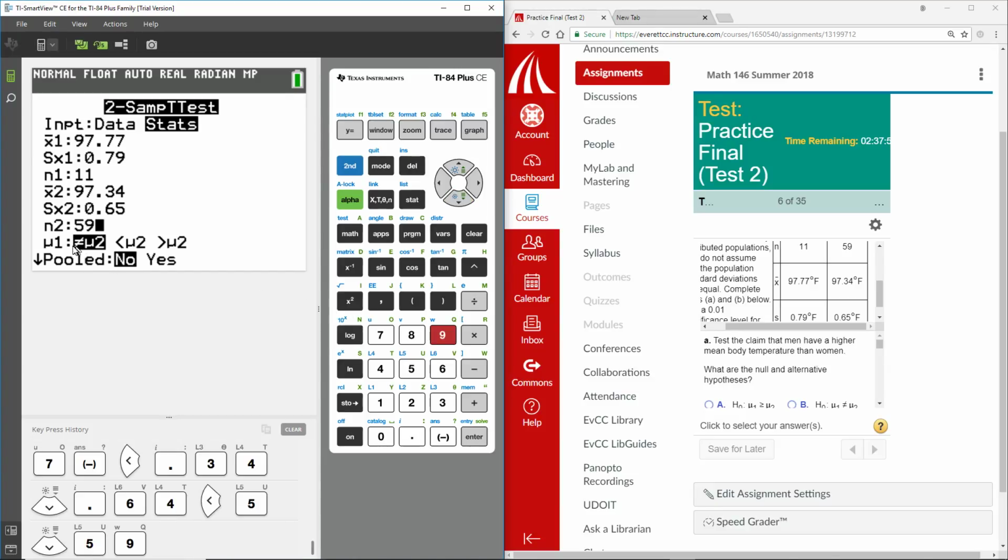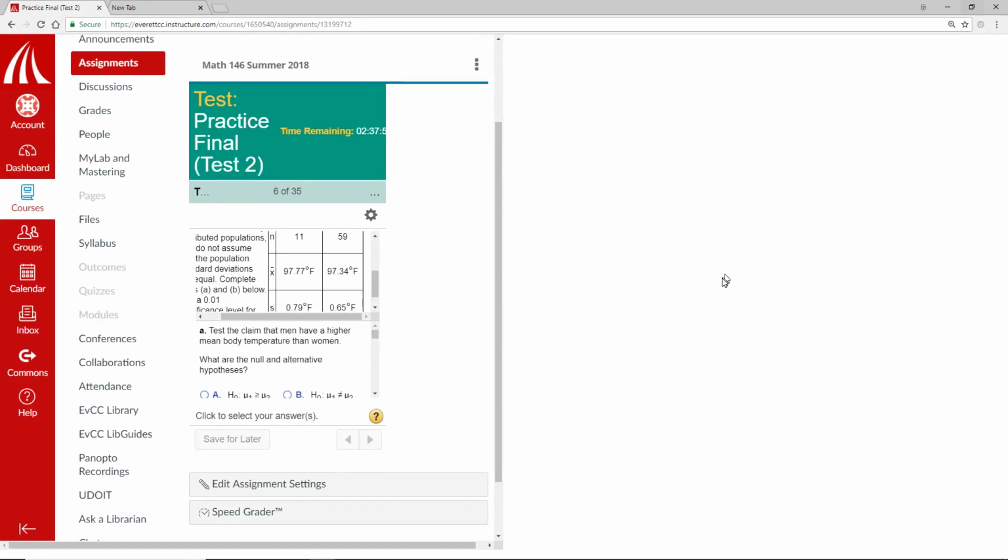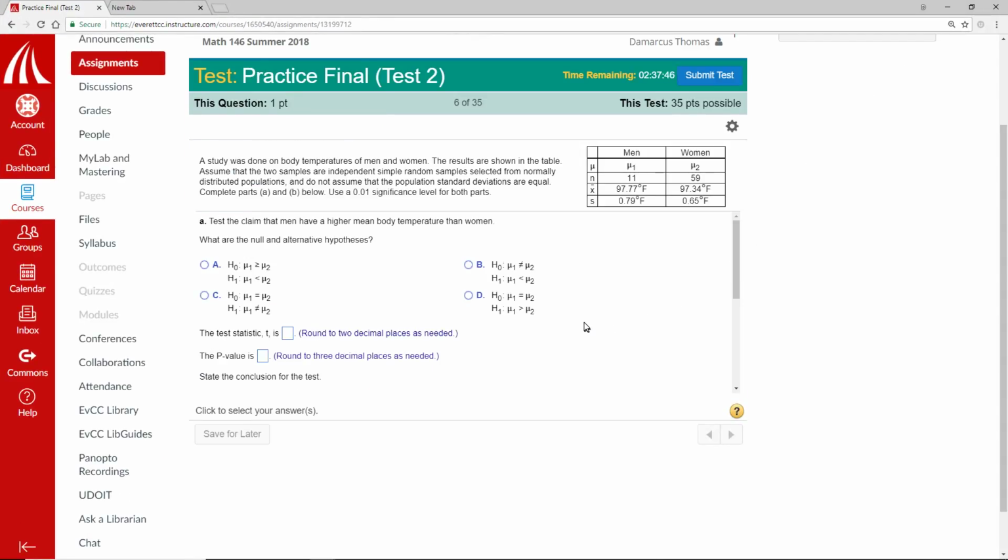Now, I do have to be careful of what my alternative is. I need to make sure that my alternative is set up properly. So I need to read the problem. It says test the claim that men have a higher body temperature than women. Okay, so men is the first population, women the second population, and so we're going to test the claim that mu1 is greater.